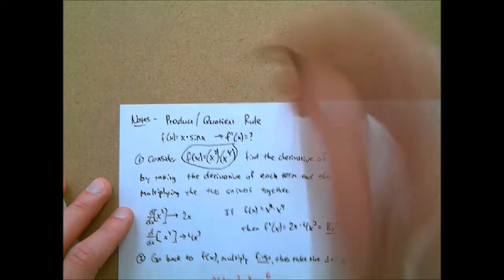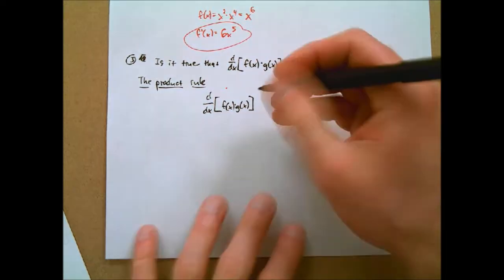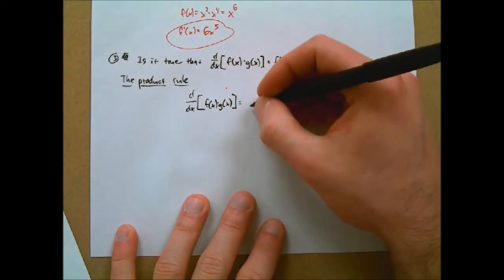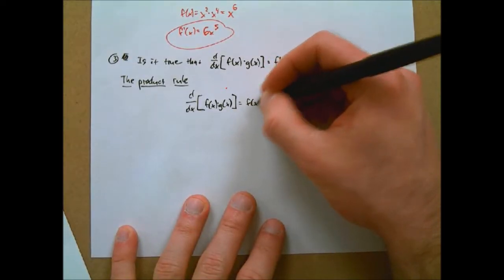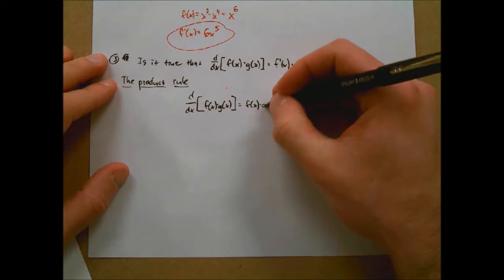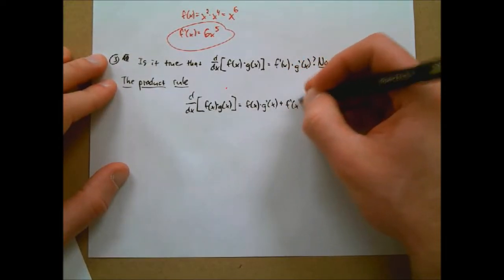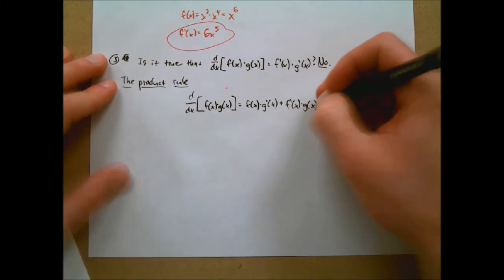Again, just two things that are multiplied together. What's their derivative? It's going to be f of x times g prime of x plus f prime of x times g of x. That is the product rule right there.